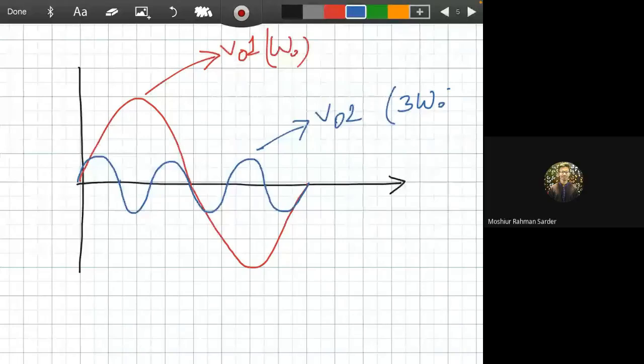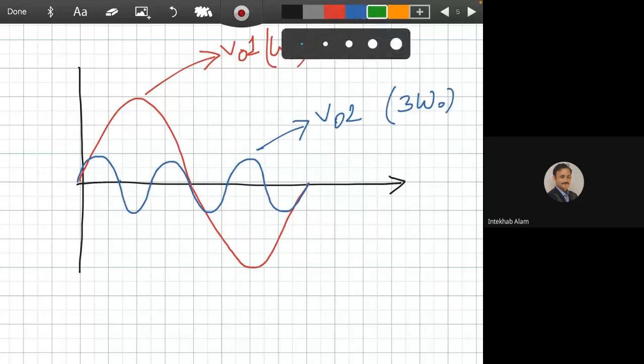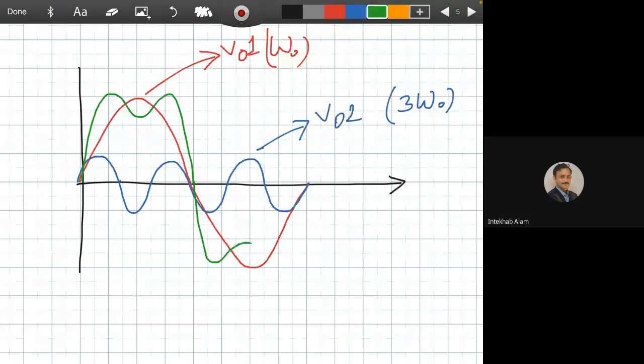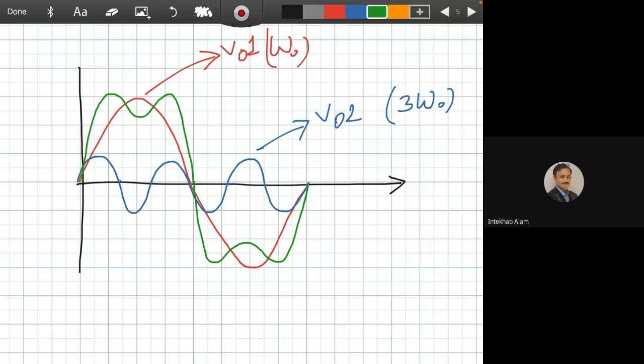Yes, sir. So if we add VO1 and VO2, the output will be like this.